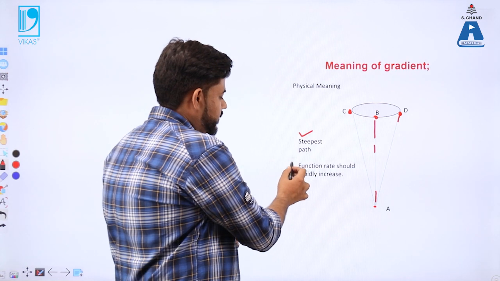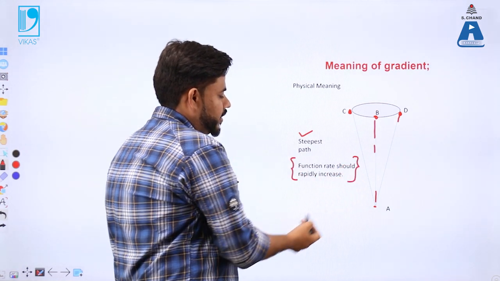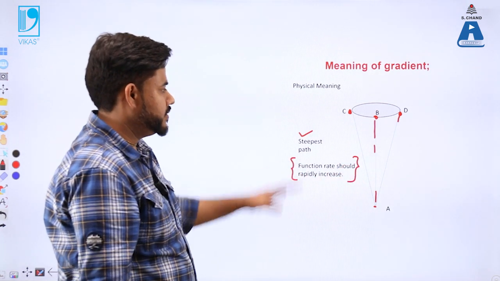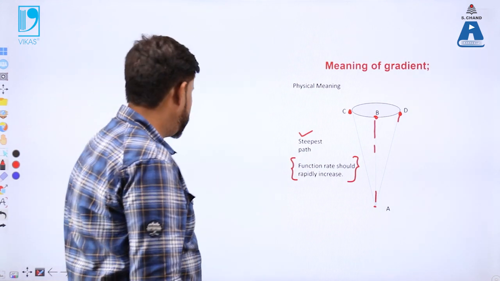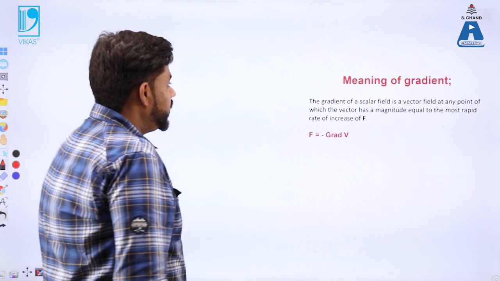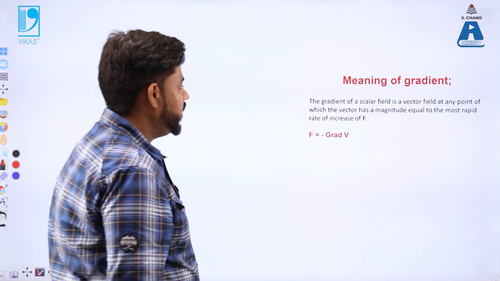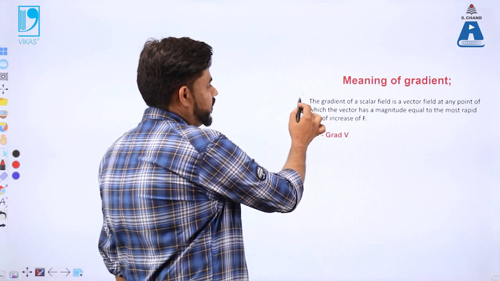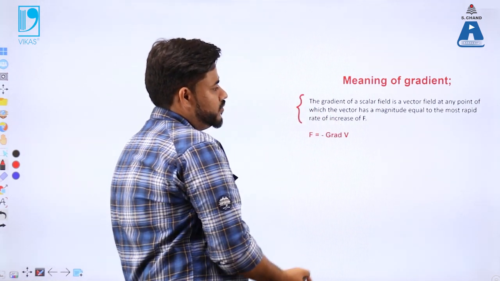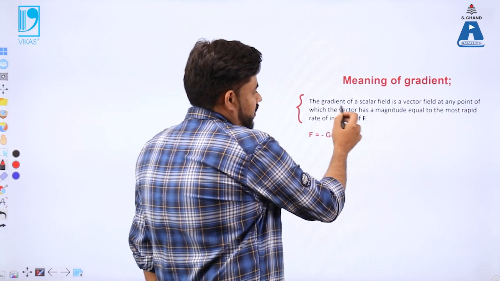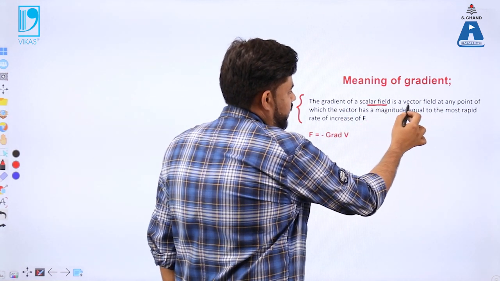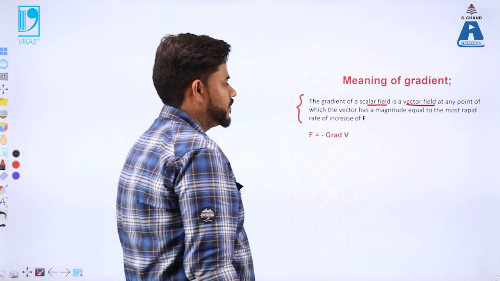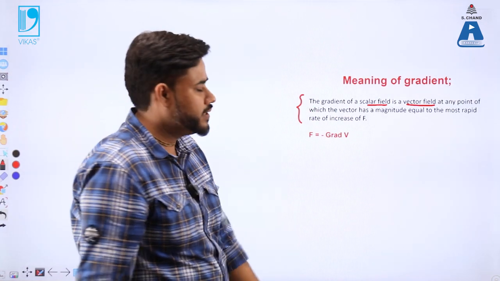The function rate in the case of the gradient should increase rapidly. This is one of the concepts behind the gradient. Now we look at the physical meaning of the gradient. The gradient of a scalar field is basically a vector field. This is one of the situations to understand.